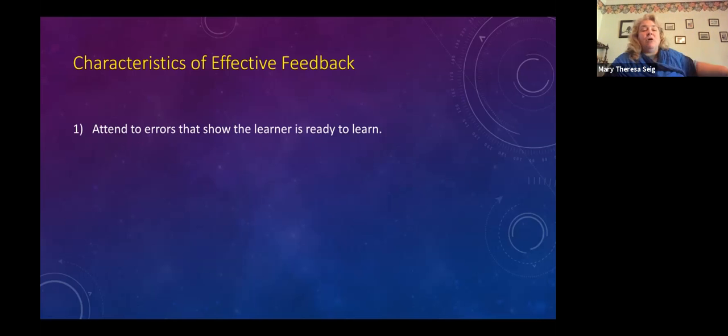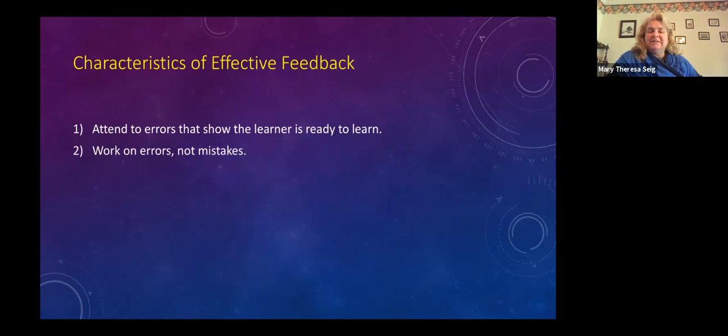You should draw attention to those and say to the learner, look, I've noticed here you did this correctly and here you did this incorrectly. Let's talk about why this is correct. And let's see if we can get you to do it correct more often.